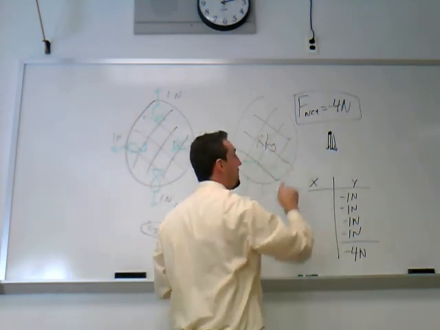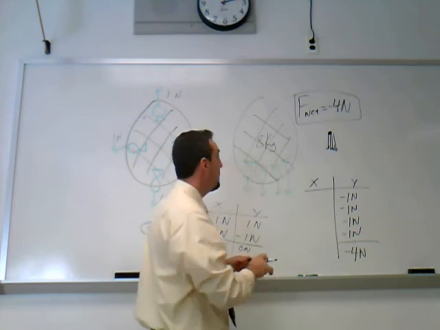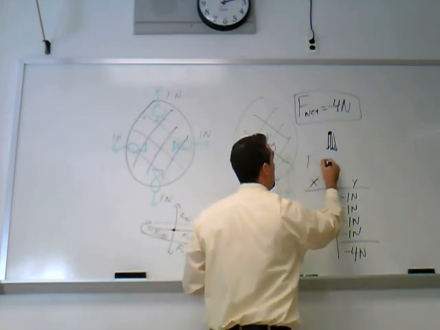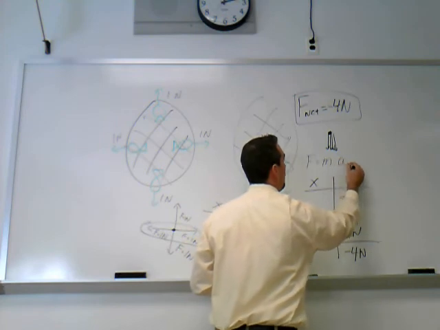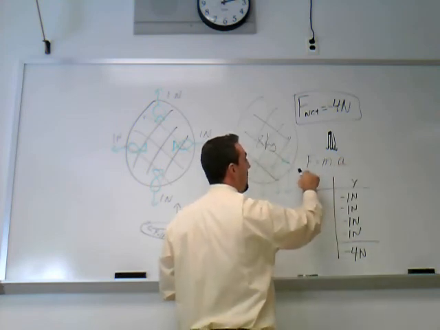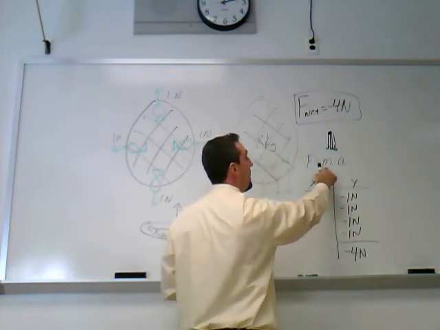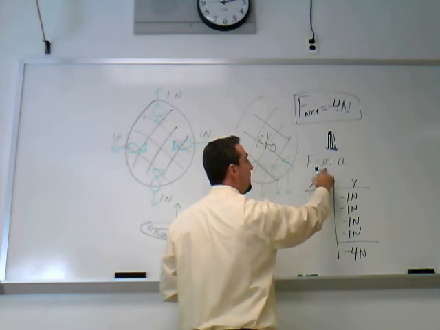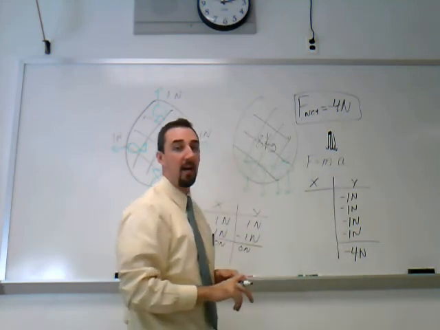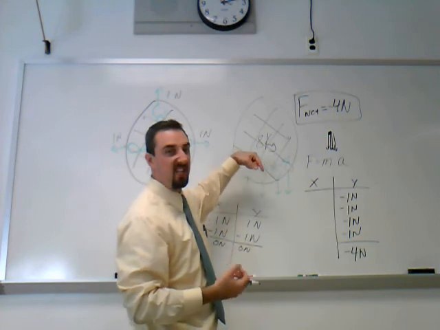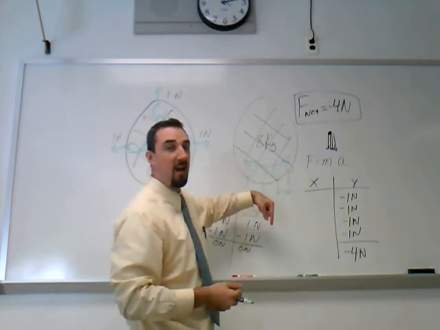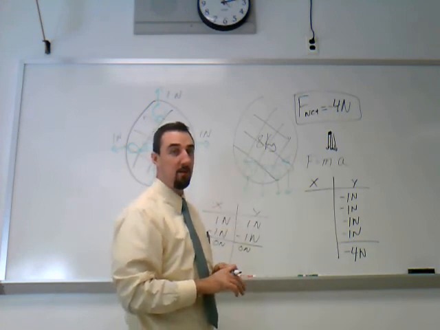Well, my net force, according to Newton's second law, should make a mass accelerate. If I know my force is 4 and my mass is 8, then my acceleration should be 1/2. So these fish are going to accelerate down at 1/2 meter per second squared.